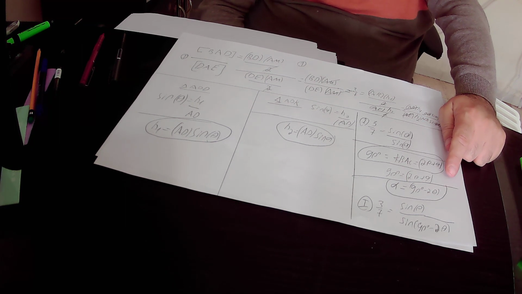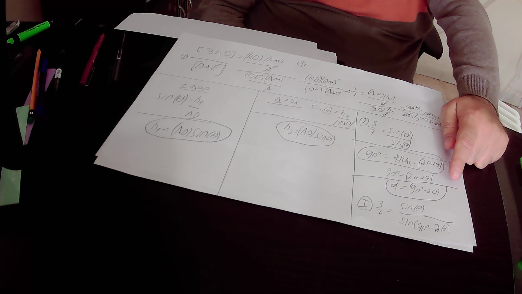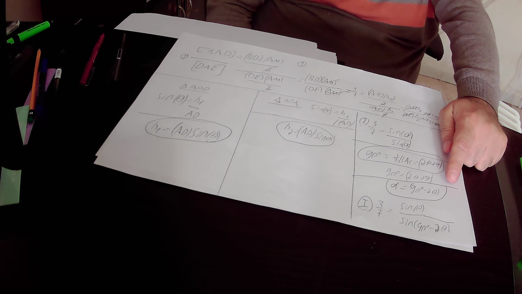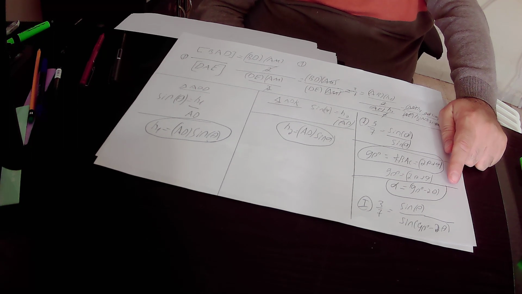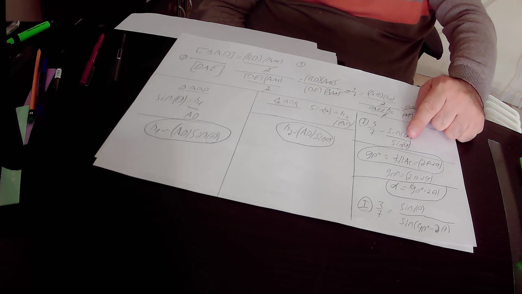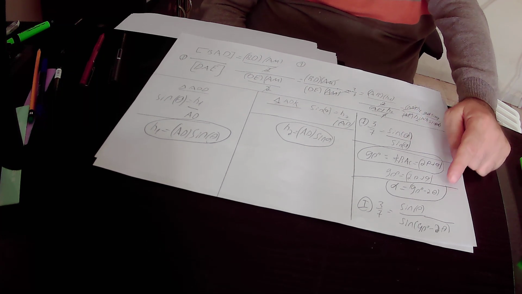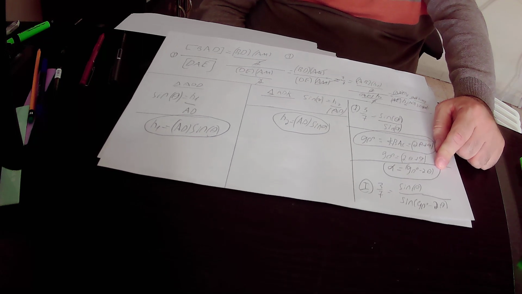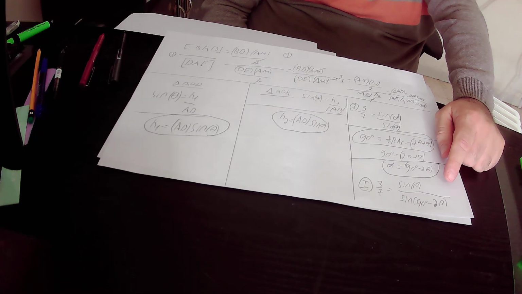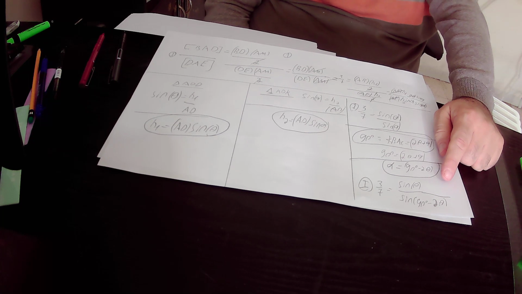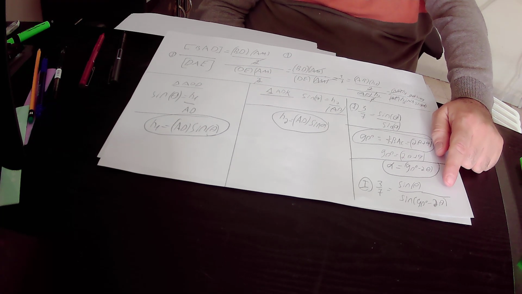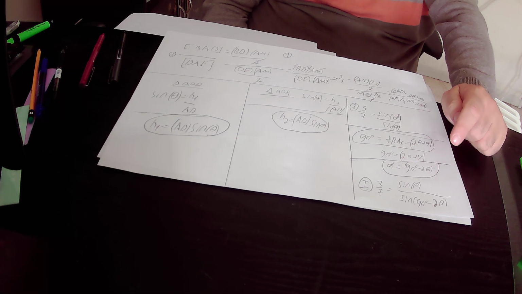We subtract 2 theta and find that angle alpha equals 90 degrees minus 2 theta. Therefore we can substitute alpha in this equation by 90 degrees minus 2 theta, and according to equation number 1, 3 over 7 equals sine theta over sine of 90 degrees minus 2 theta, that is angle alpha.